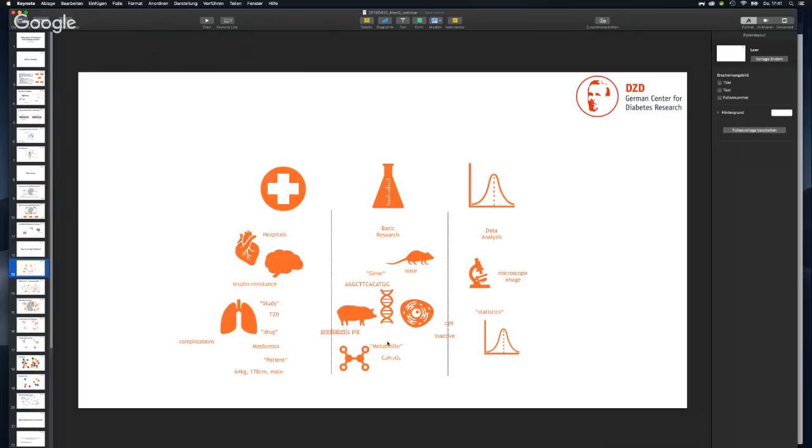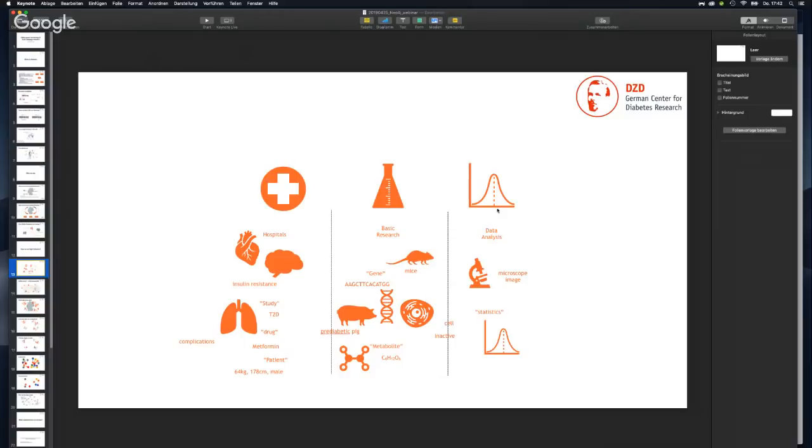Then we have clinical or basic research where we have animal models like mice or pre-diabetic pigs. We have genetics. We have small molecules research. We have different kinds of cells that we are looking at, analyzing and studying.